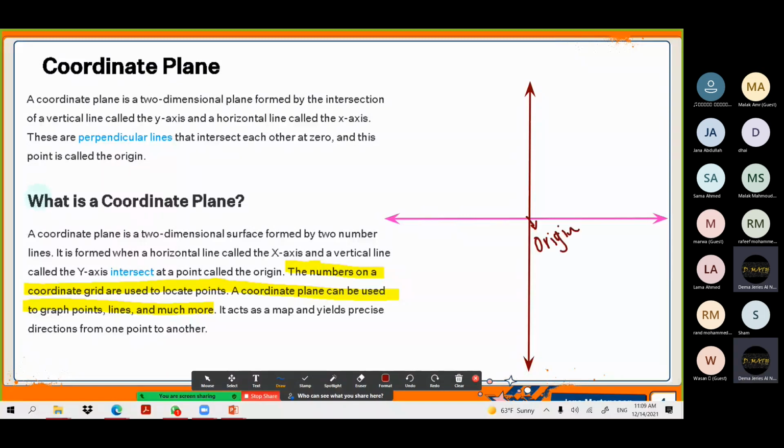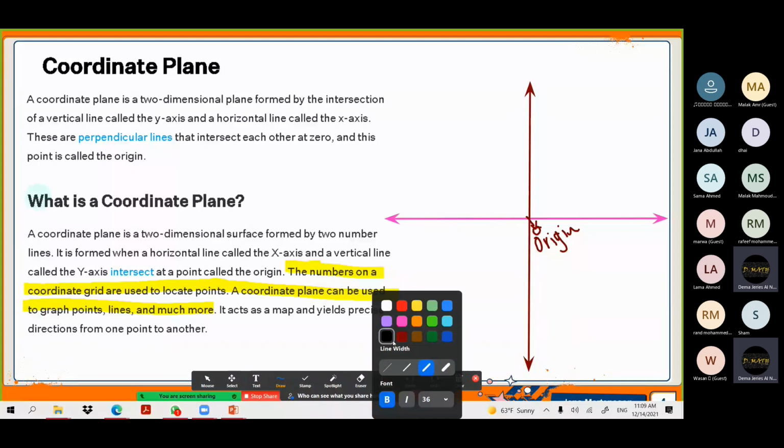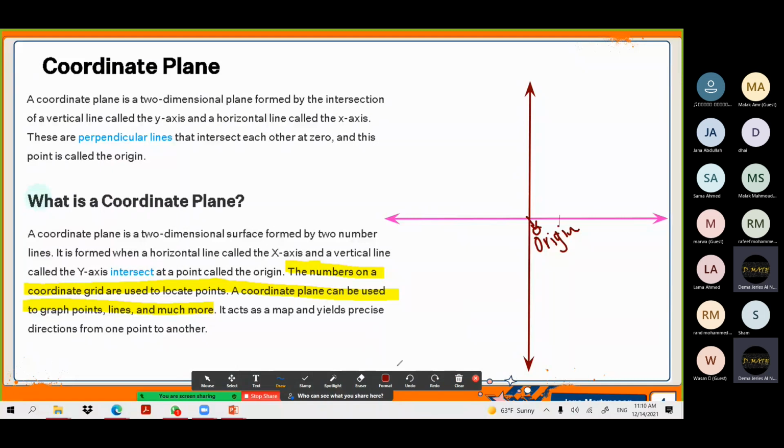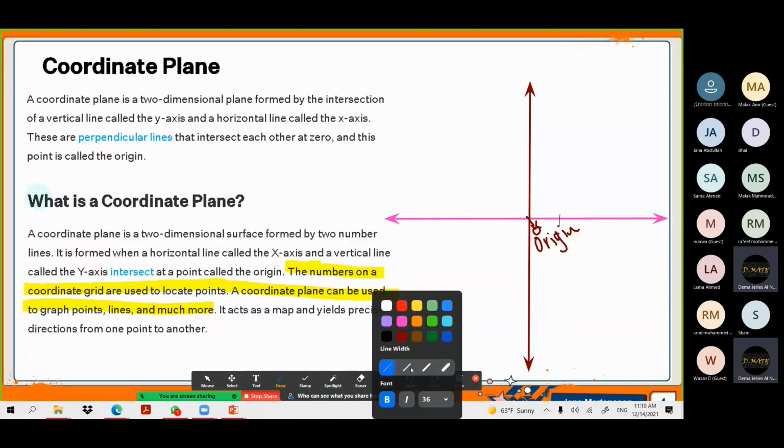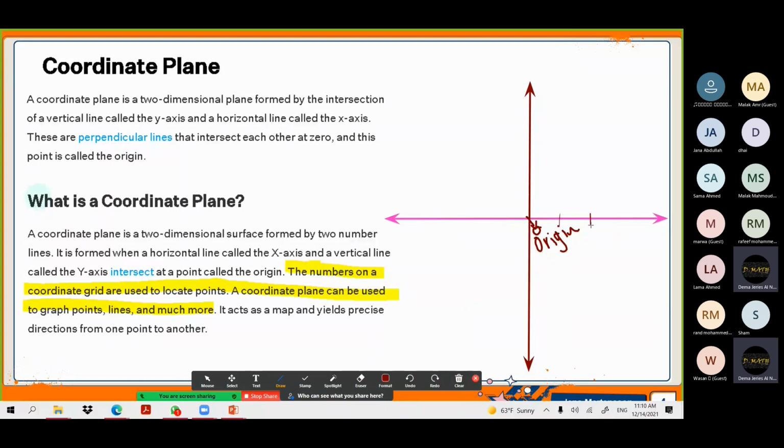So I will repeat. We have two number lines. One is horizontal and one is vertical. They intersect at one point. This point we call the origin, and its value is 0. Now, all of you remember before that on the number line, we have numbers like 1, 2, 3, and 4.